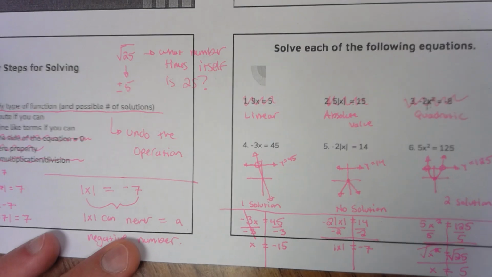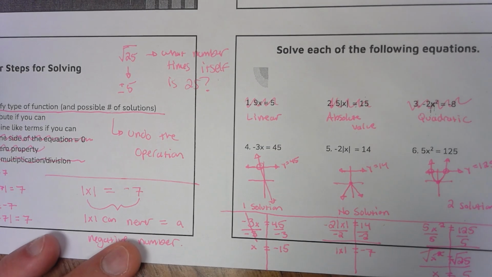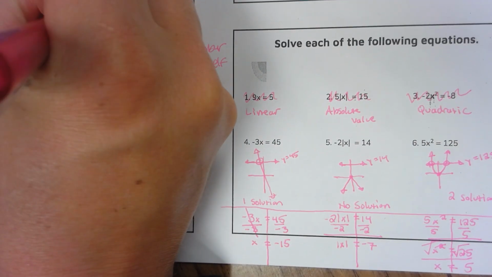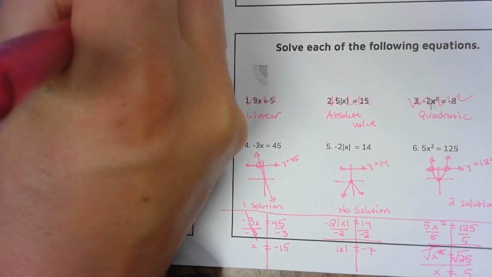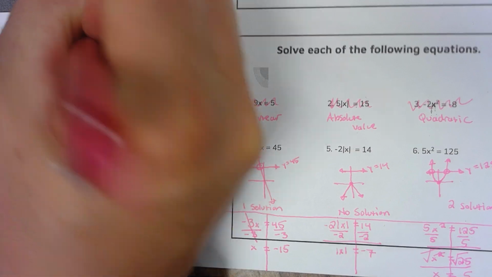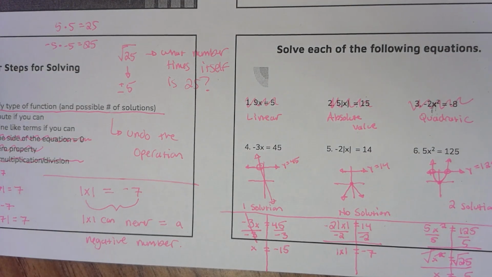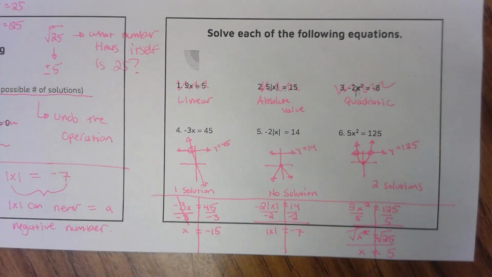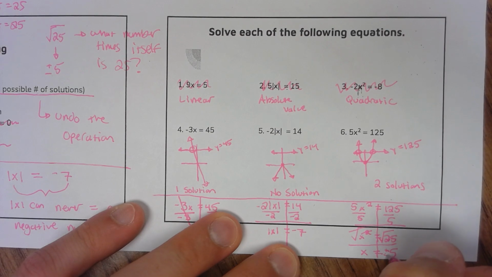So when we take square roots, we're going to get the positive and negative value of that. So that's where that second solution comes from. So with the quadratics, we have plus or minus 5.